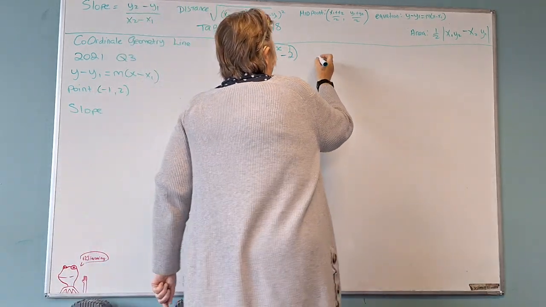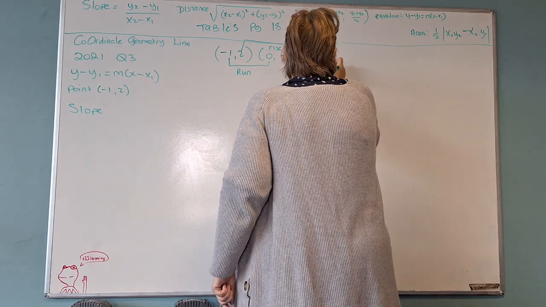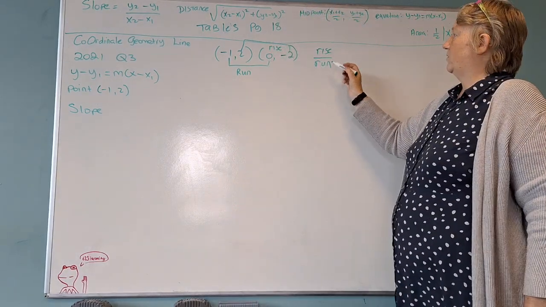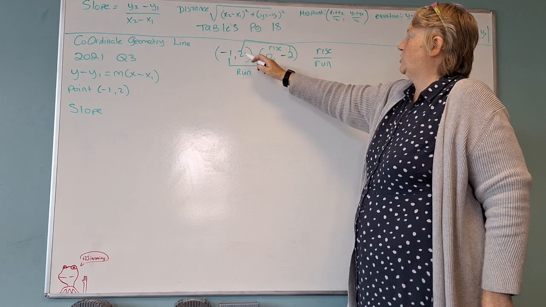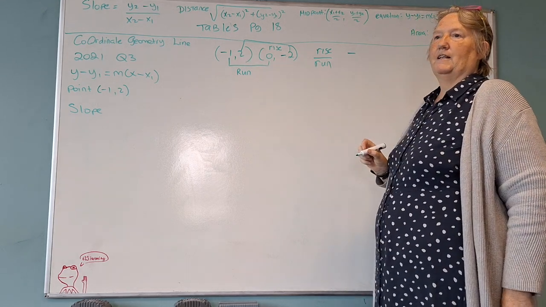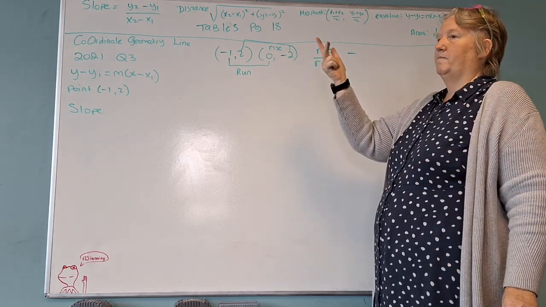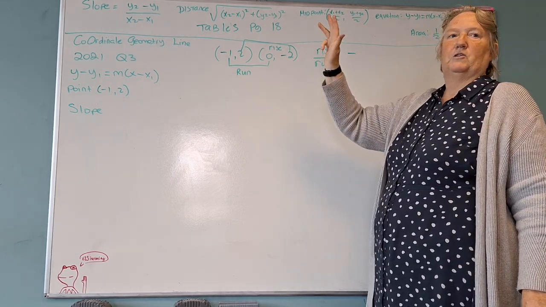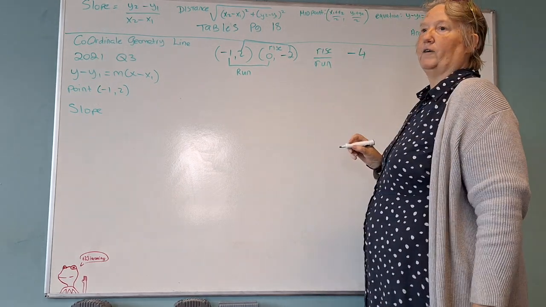So you ask yourself, the slope is the rise over the run. How many steps does the rise take? So from 2 to minus 2, first of all it's going backwards, and it goes back 2 to 1, 0, minus 1, minus 2. So it's going back 4 steps. So the rise is back 4.